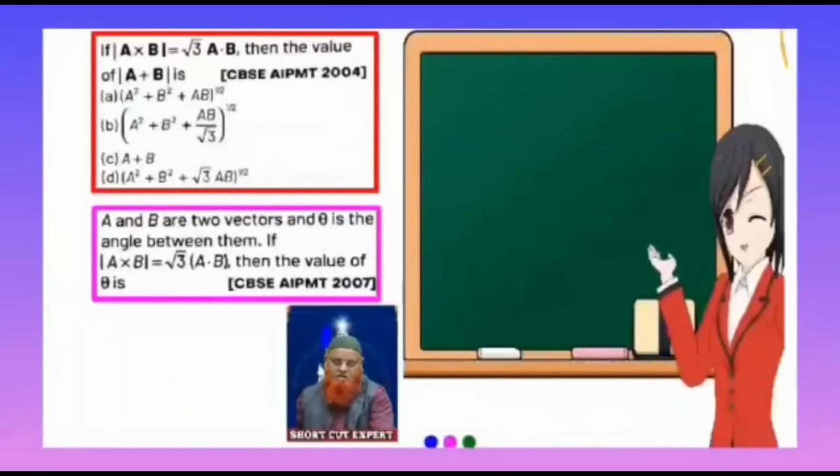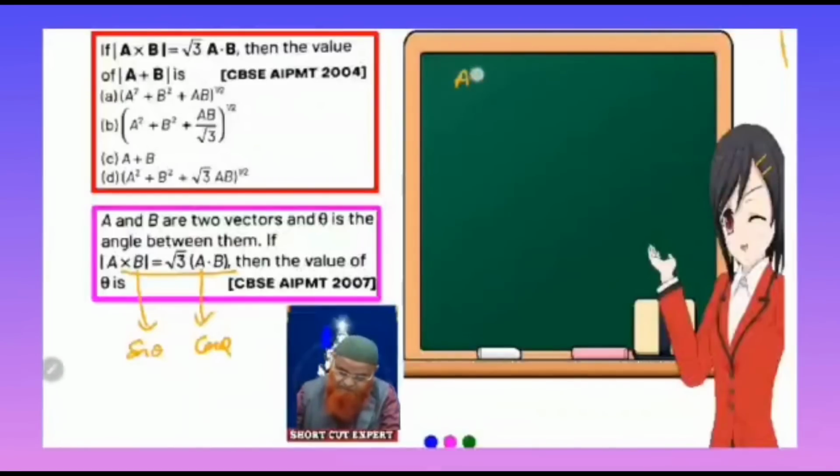Whenever this type of problem is given, you remember only one thing, that he has given us A cross B is equal to root 3 times A dot B. You just remember one thing: A cross B means sin theta, A dot B means cos theta. Over. Why write mod A, mod B? Anyhow they are going to cancel themselves.